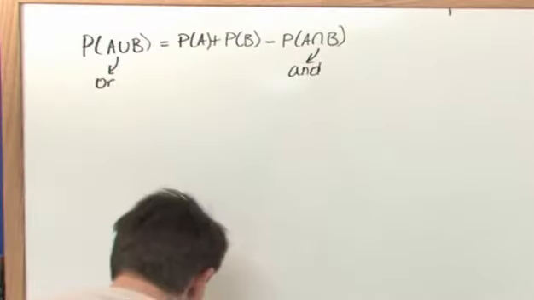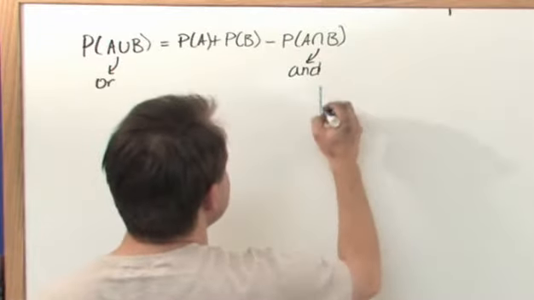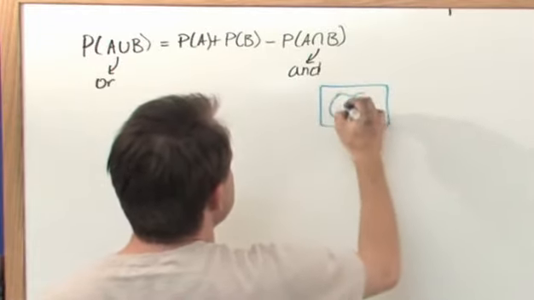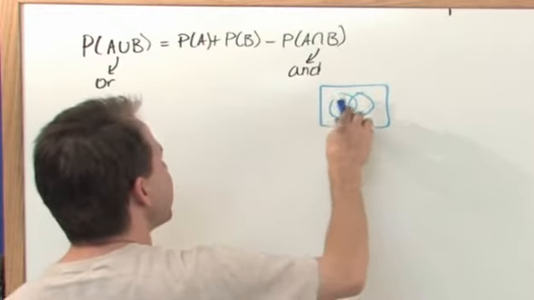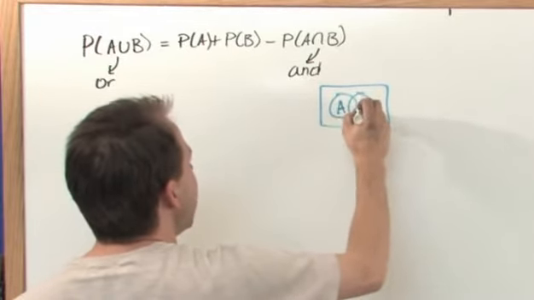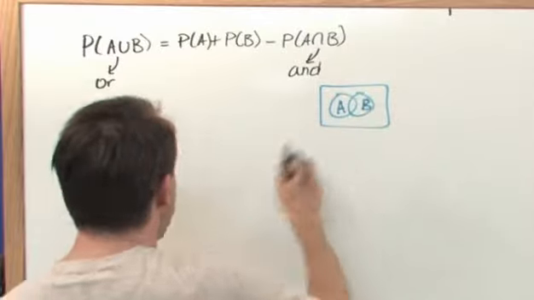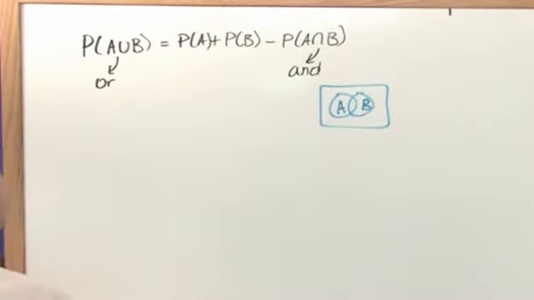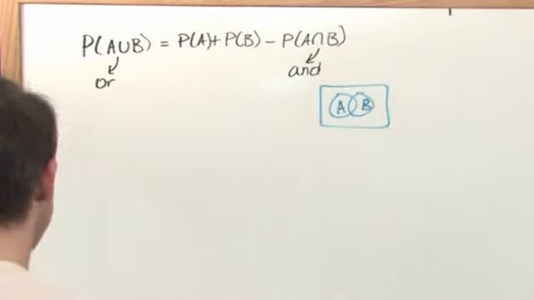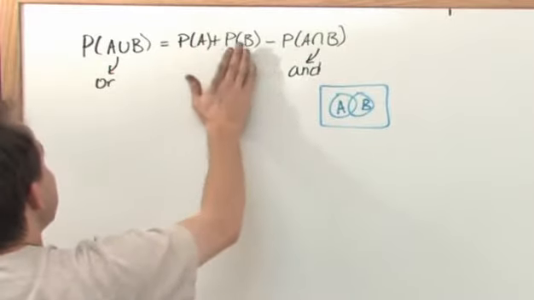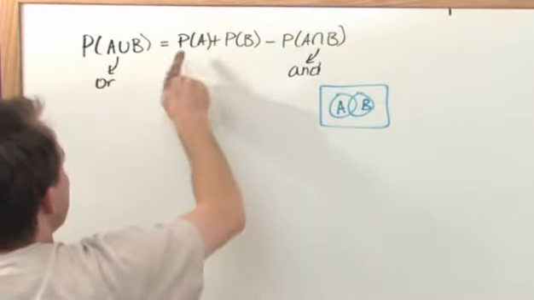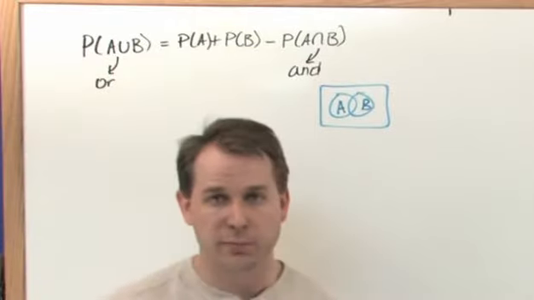We were drawing Venn diagrams in the last section with A and B, and there was a little intersected region, but what we were trying to find was A or B, so the whole thing is shaded all the way across. That's what that formula calculates. Notice we were adding the two probabilities together because we're trying to make the total probability higher.